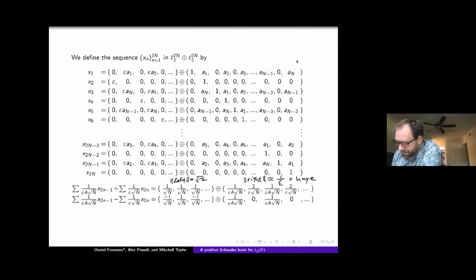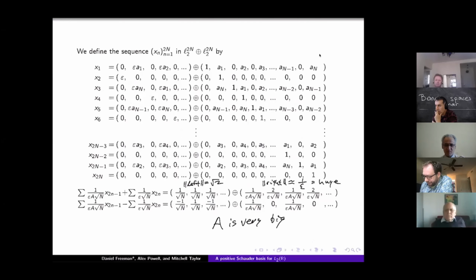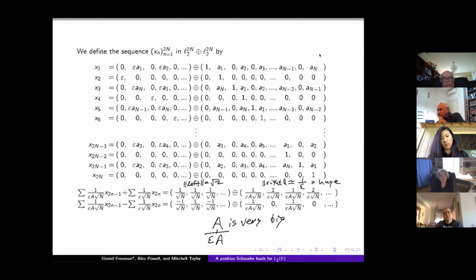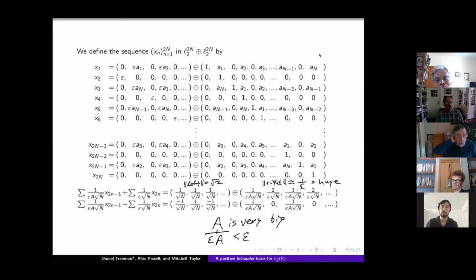And so we have capital A is very big. So in particular, 1 over epsilon times A is smaller than epsilon.